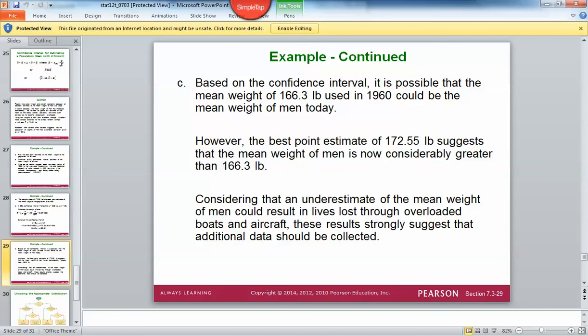Okay? So it is possible that we could use that today, but that point estimate that we had was a lot bigger than 166, or, you know, I say a lot, not that much, but it is considerably bigger in terms of weight. So you might want to be safe, better safe than sorry, whenever constructing a boat or an elevator or something like that.